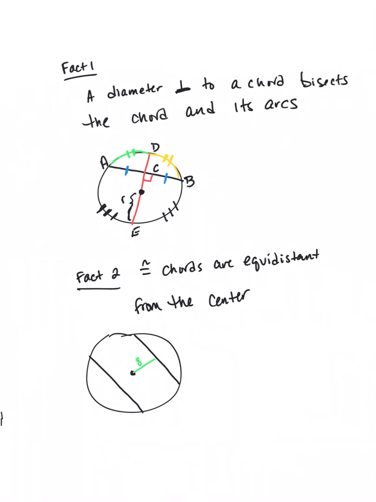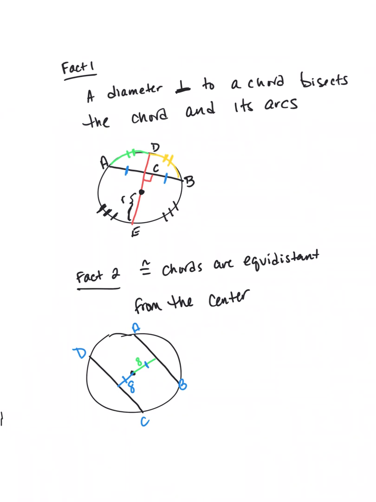Let's say this is 8, and this is 8. That means those chords, AB and CD, would be congruent. They just have to be equidistant from the center. And if they are congruent, they must be equidistant from the center. You can remember that as well.